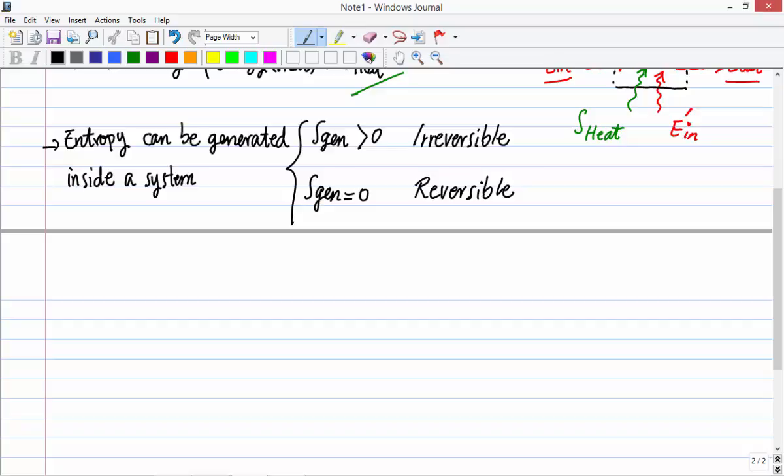And this generated entropy might be due to intermolecular interactions, like friction.